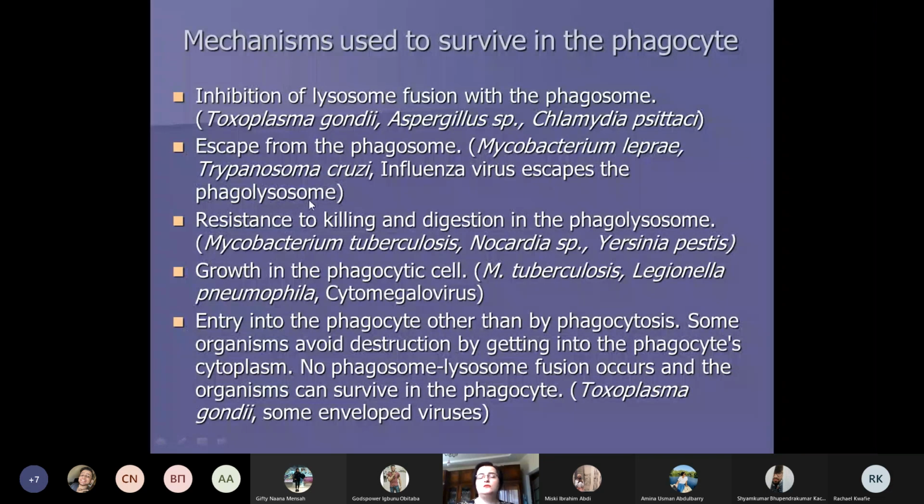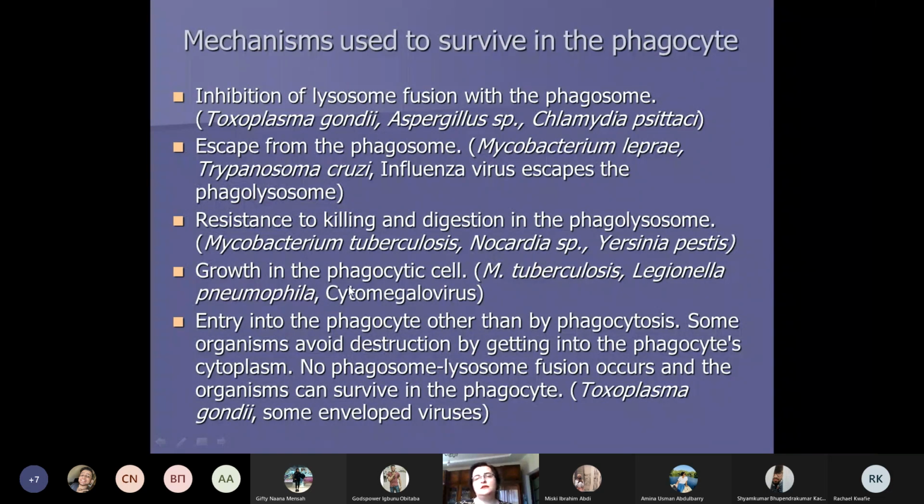Resistance to killing and digestion in the phagolysosome: Mycobacterium tuberculosis, Nocardia asteroides, Yersinia pestis.